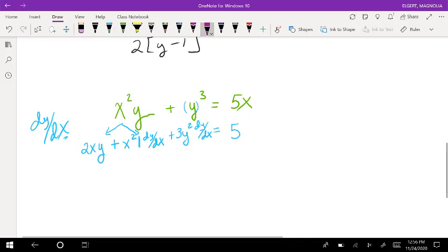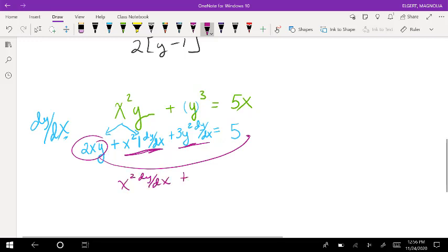So I got this. I notice these 2 terms have dy dx. So I'm going to take this one and slide it over. So I have x squared dy dx plus 3y squared dy dx equals 5 minus 2xy.